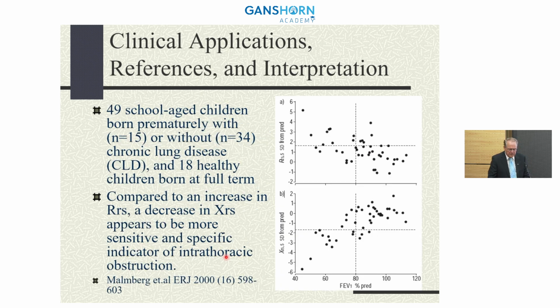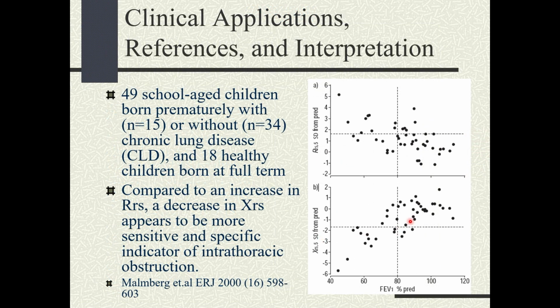Here's another paper that was published looking at 49 school children and whether or not they had chronic lung disease and comparing their response to FEV1 and to either resistance or reactance. And those individuals that may have an abnormal reactance versus a normal spirometry test itself.